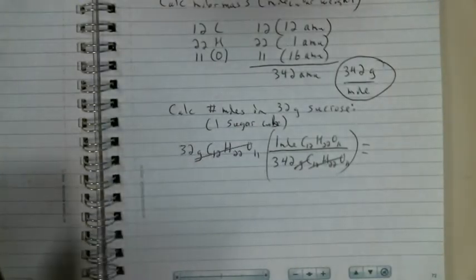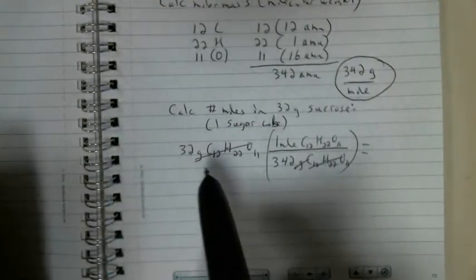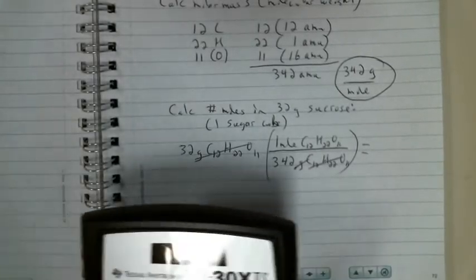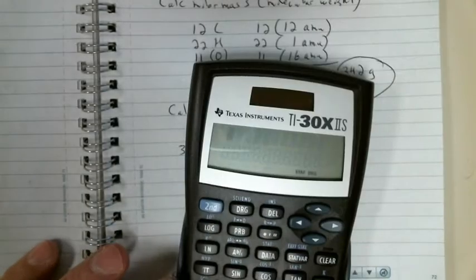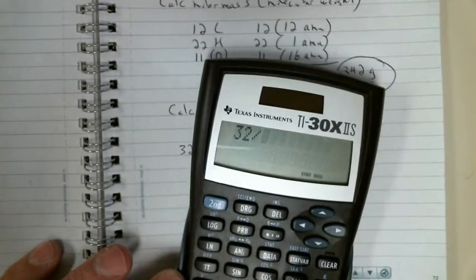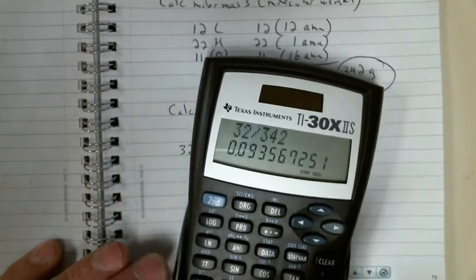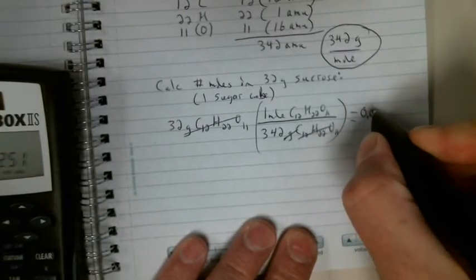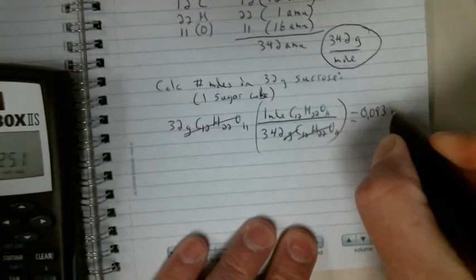I know that I didn't make a mistake because I'm canceling the units just like an algebraic expression. So 32 divided by 342, and I get 0.0936.